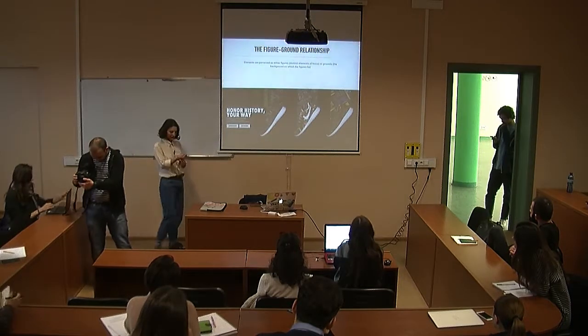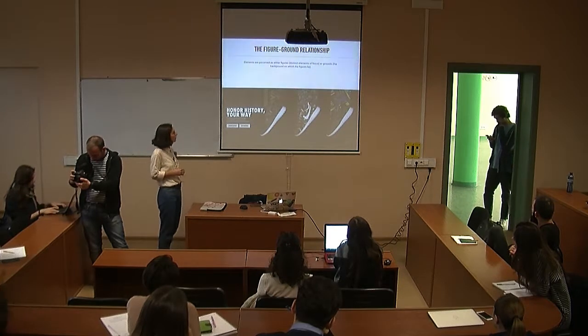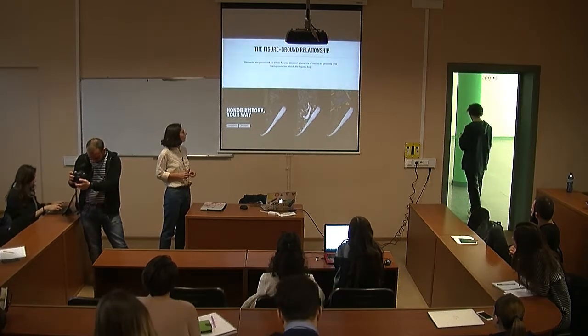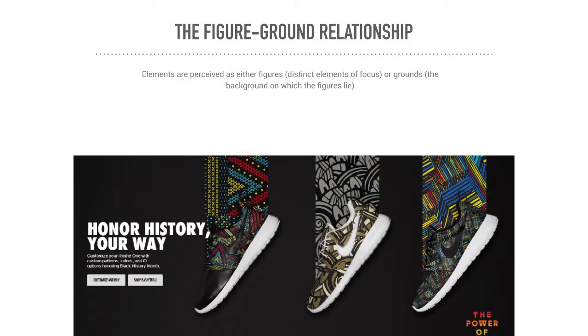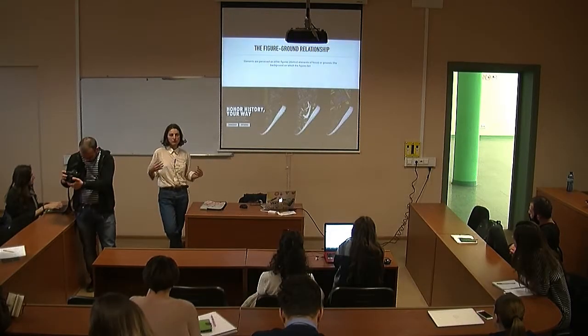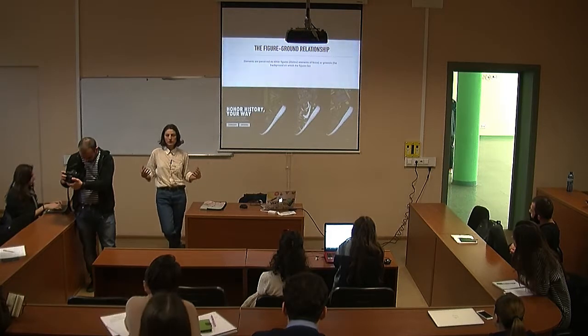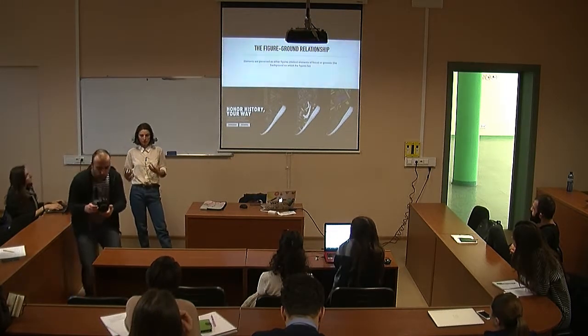And another really important principle of Gestalt is the figure-ground relationship. We really perceive things as foreground objects and as background objects. Background objects are more about creating the mood and the emotions, and foreground objects are more detailed information about something.